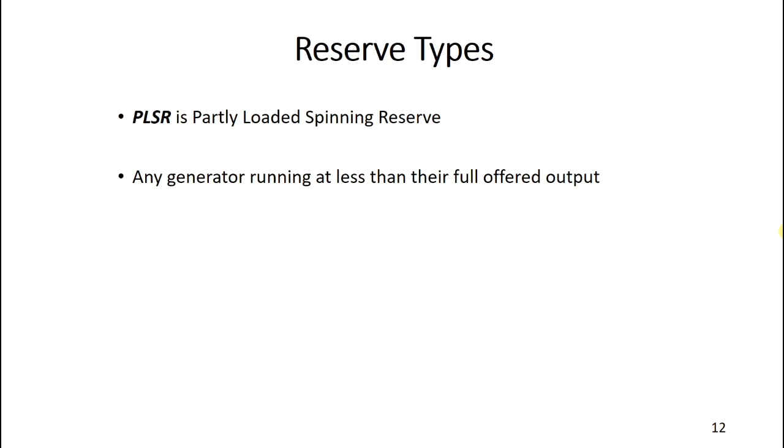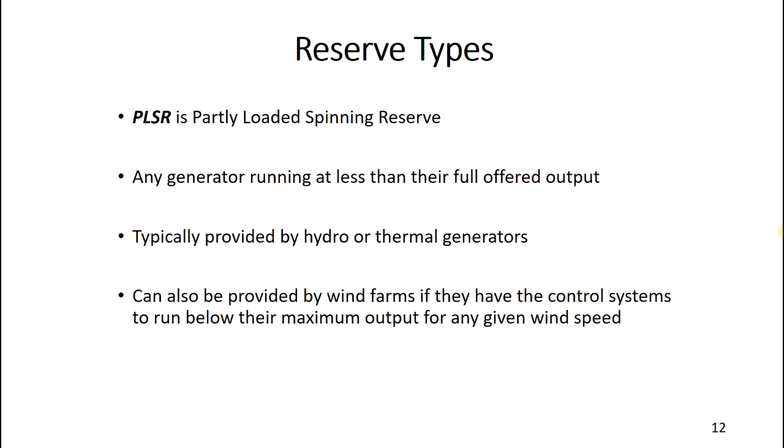That's capacity which isn't used, but could be used if there's an outage. Now that's typically provided by hydro or thermal generators, but it can in principle be provided, for example, by wind farms if they have the control system capability to run below their maximum output for any given wind speed. In New Zealand, there are no wind farms that provide this currently, but it does happen overseas.